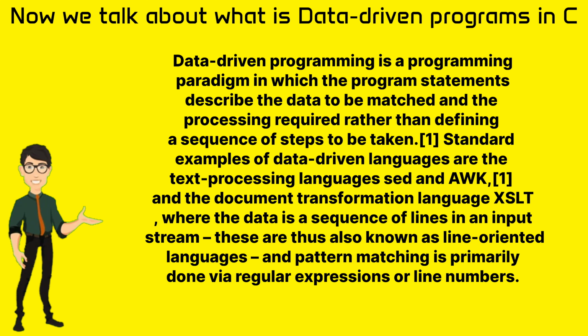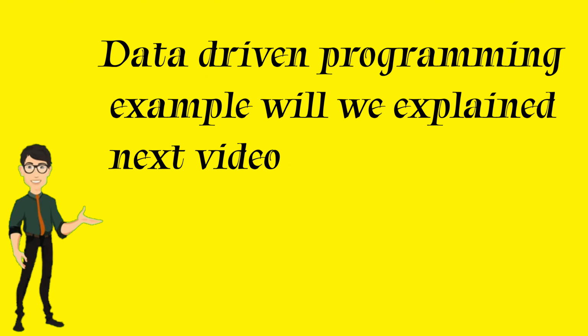Standard examples of data-driven languages are the text processing languages SED and awk, and the document transformation language XSLT, where the data is a sequence of lines in an input stream. These are thus also known as line-oriented languages, and pattern matching is primarily done via regular expressions or line numbers. A data-driven programming example will be explained in the next video.